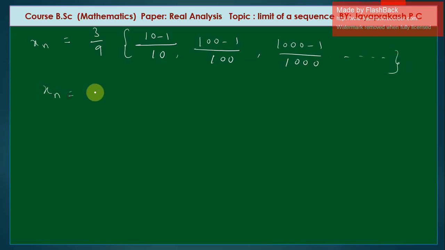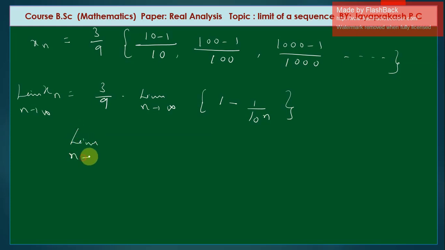So xn, the nth term, is 3 by 9 times 1 minus 1 by 10 to the power of n, as n tends to infinity.